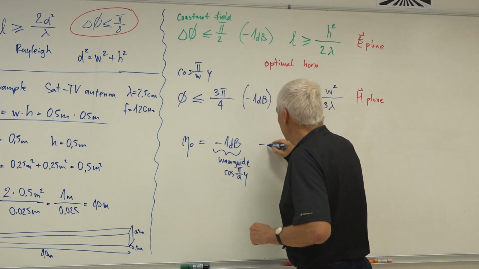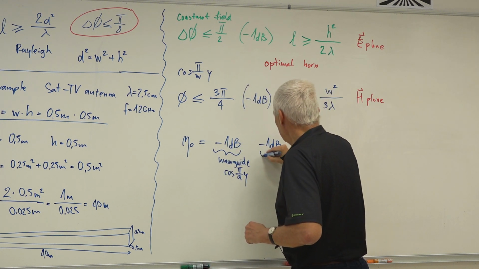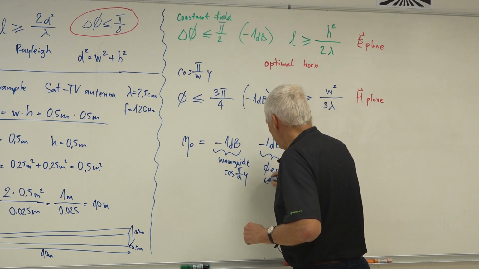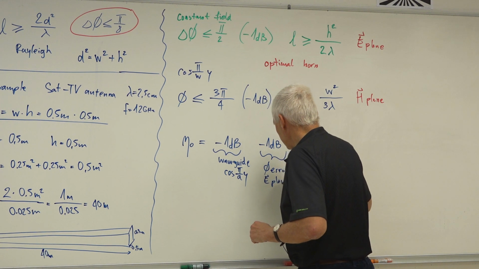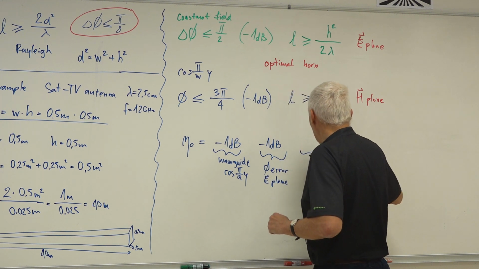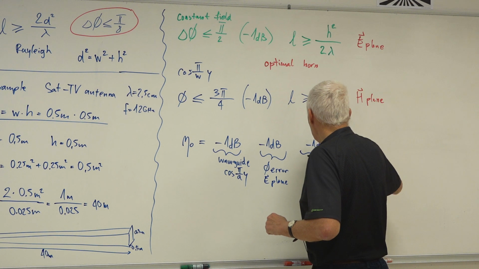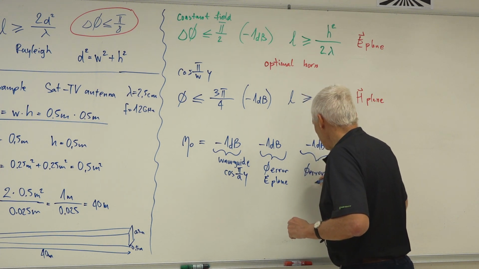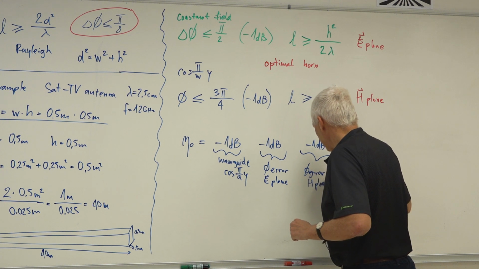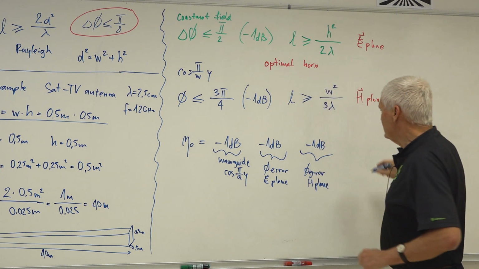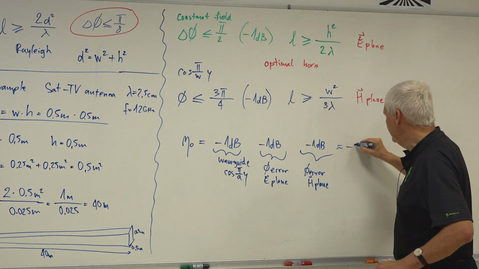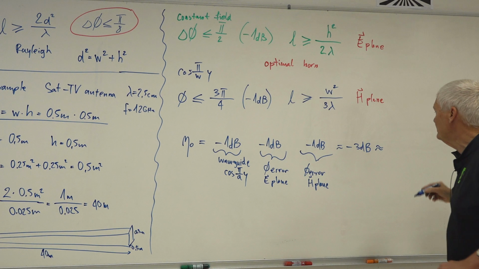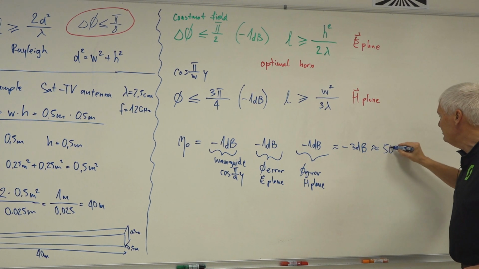And then I have -1 dB in the E-plane, so phase error in the E-plane. And I have a -1 dB for the phase error in the H-plane. So in total, I have approximately -3 dB, or the total illumination efficiency of such an optimum horn will be about 50%.